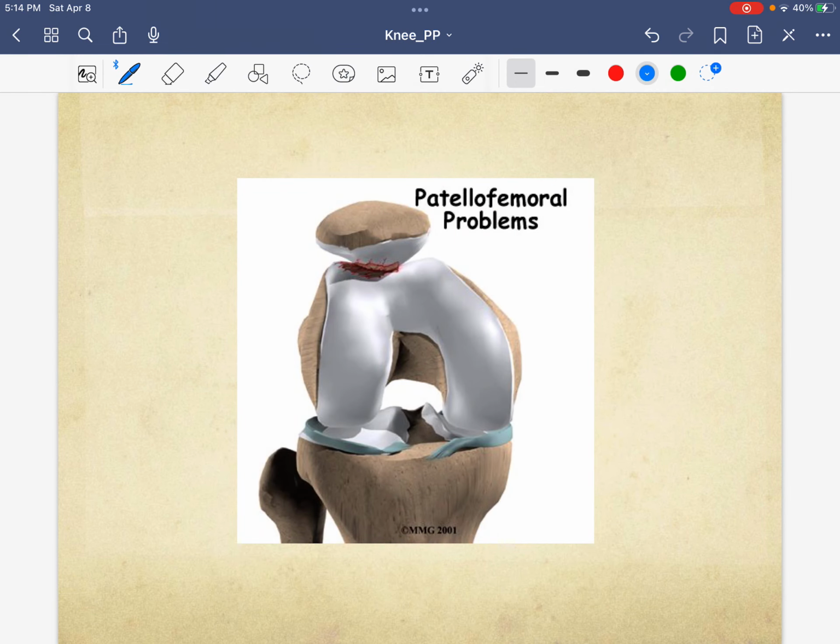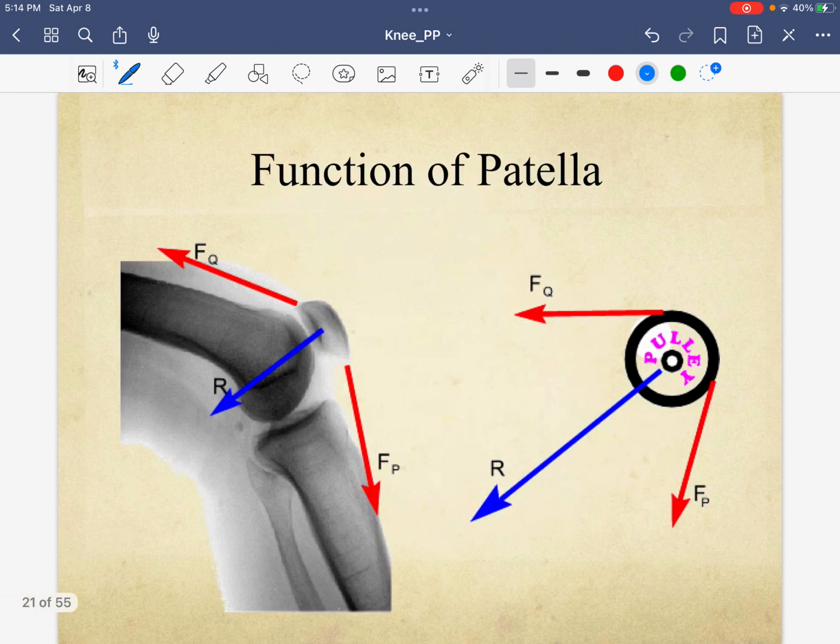So this underside should fit right where it's supposed to, but what if this patella is too far medial? In this picture, that's what it's trying to show you. So if that patella is not fitting in the groove properly, you could have some patellofemoral dysfunction. Patellofemoral pain syndrome.